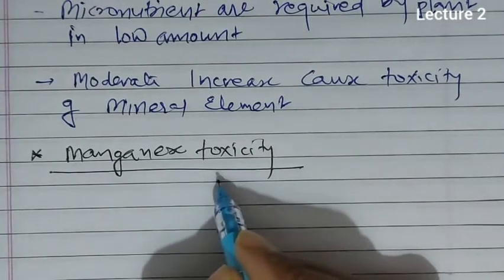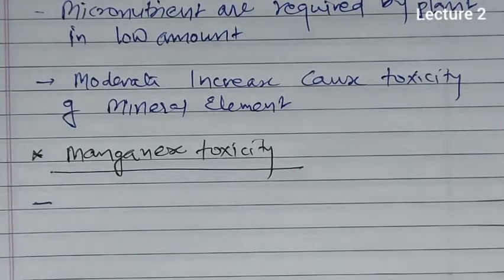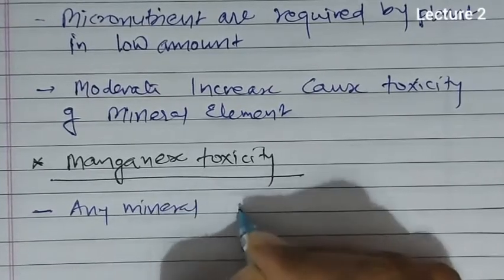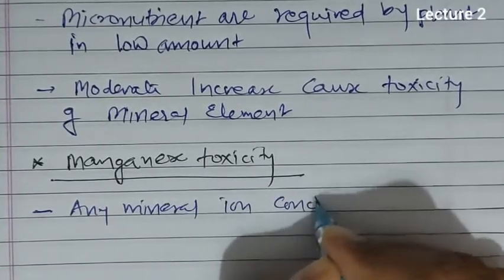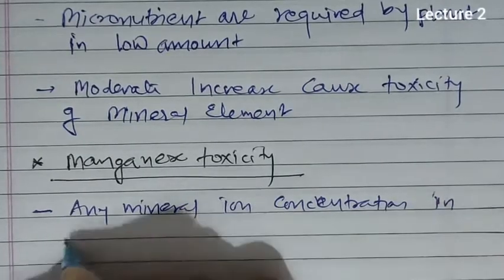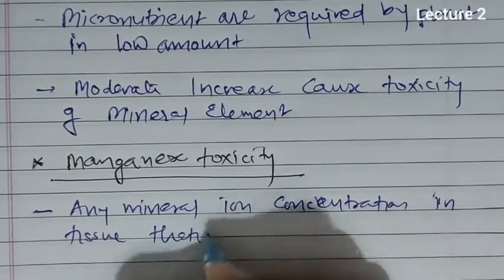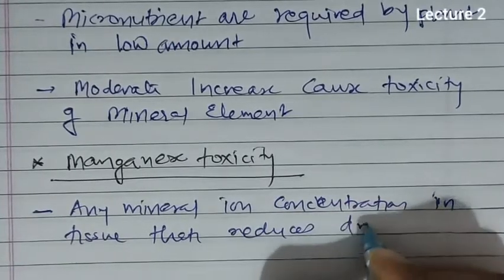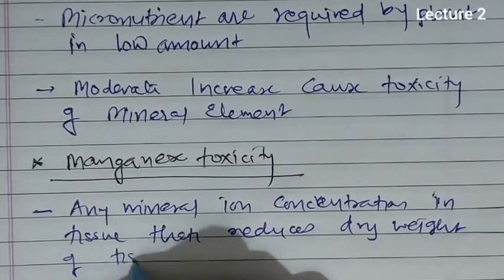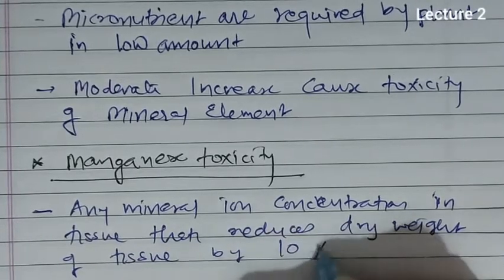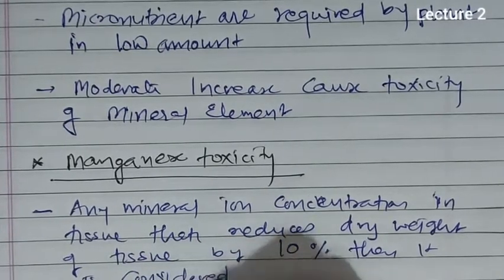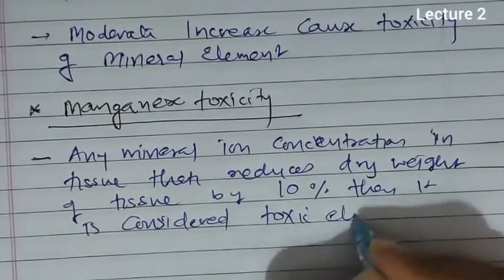But first remember that if we consider any mineral like manganese, if any mineral ion concentration in tissue reduces the dry weight of the tissue by 10%, then it is considered a toxic element.